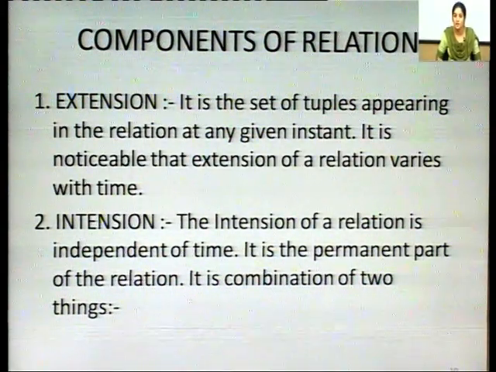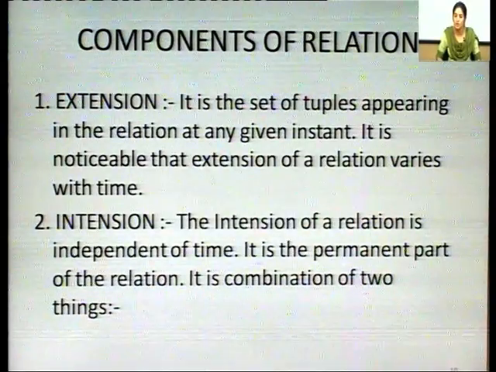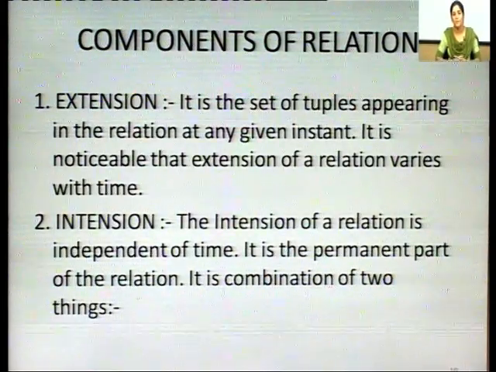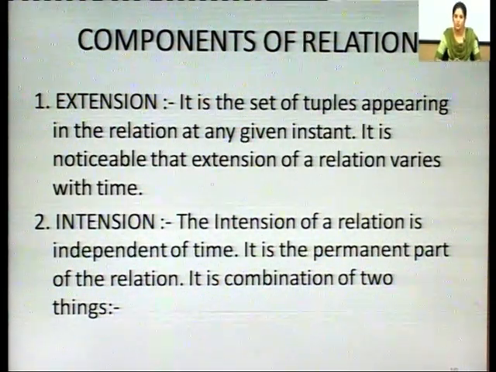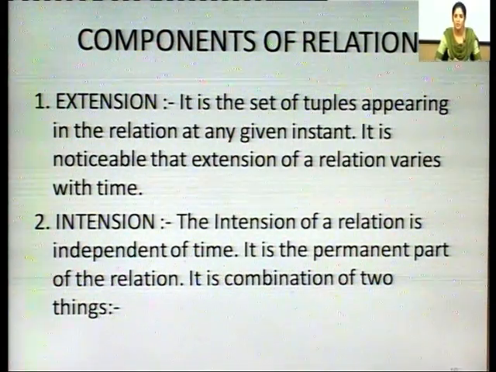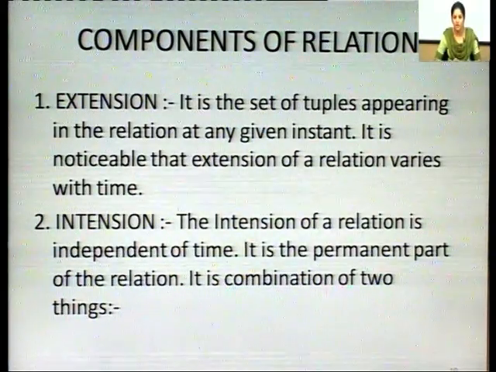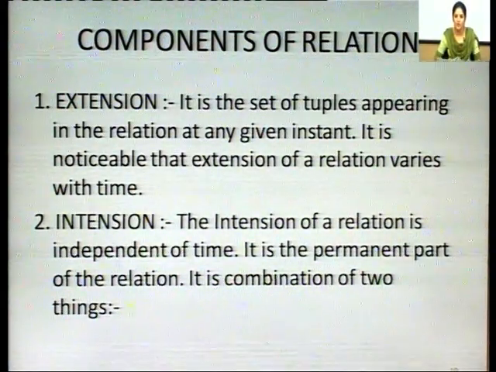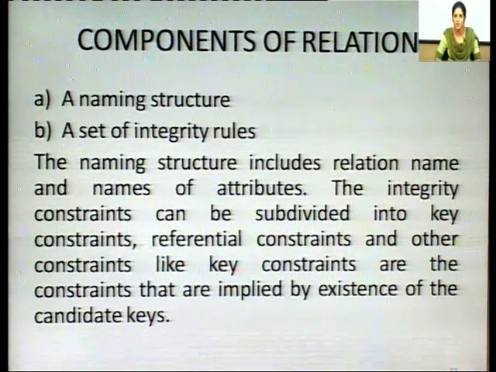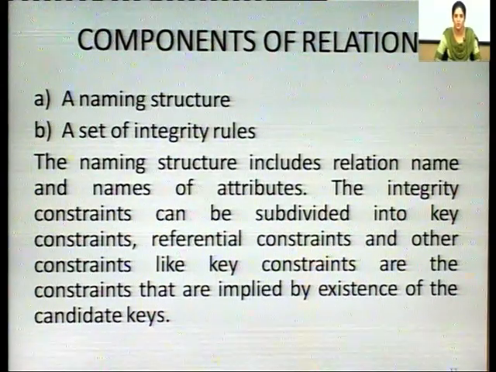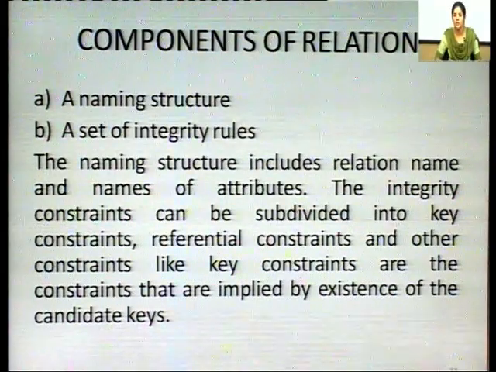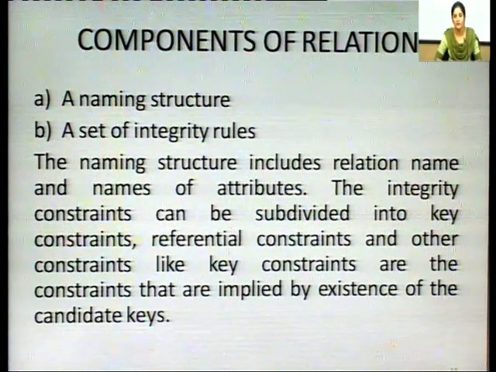the intention of a relation is independent of time, as the extension of a table was dependent upon time. Whenever the user changes the rows of a relation, the extension of the relation will also change, but the intention is independent of time because it is the permanent part of the relation. Intention of a relation is a combination of two things basically, a naming structure and a set of integrity rules. As the name implies, the naming structure includes the relation name and the names of attributes.